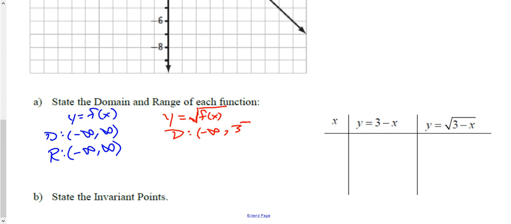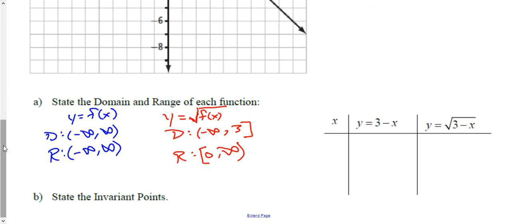And we want to include 3 because there was a coordinate there. Our range, as low as we can go, was 0, and the highest we can go was positive infinity. And there you go. We have our domain and range for our original and our image graph. Let's state some invariant points and then we'll fill in this table of values.